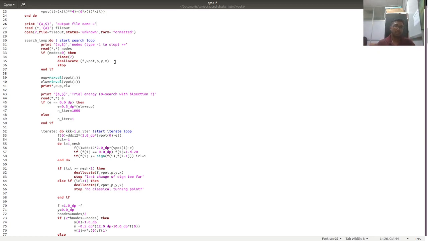The minimum value is 0, which will be the value in the ground state. Then what I am doing is, we have a v potential array. It will have many values depending upon the value of x. It will have some maximum value as well as some minimum value.